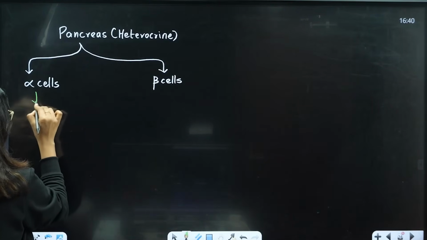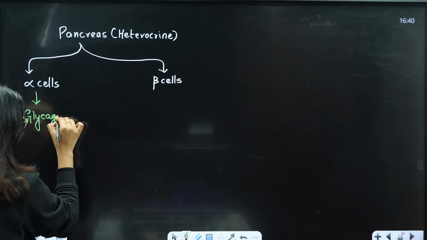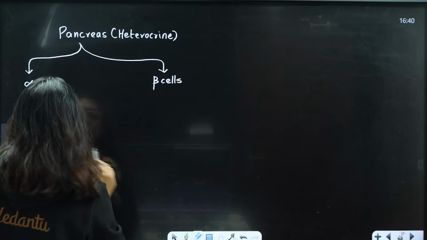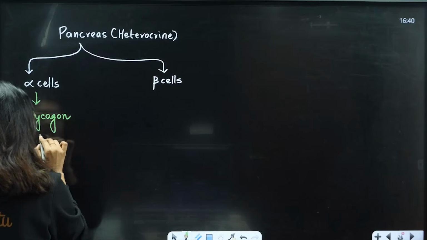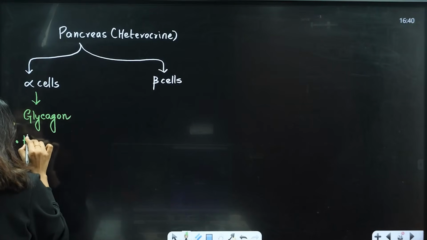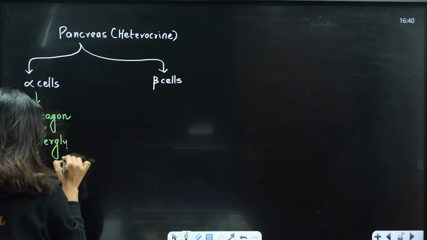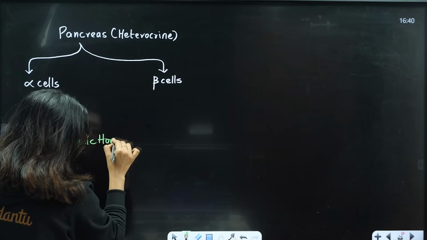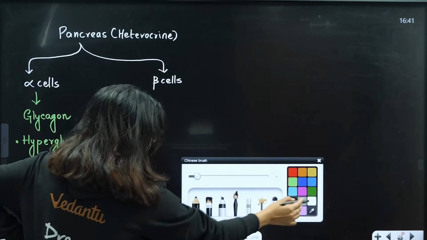Alpha cells you have, now here remember one thing students, glucagon, this fellow's main job is going to be, it is a hyperglycemic hormone. That means its main job in the body is to increase the sugar level.